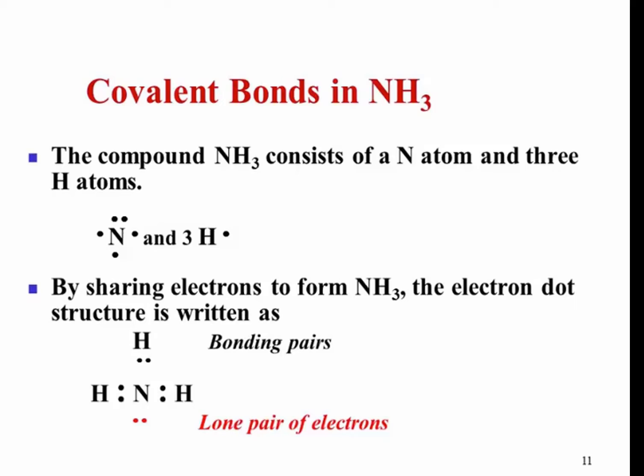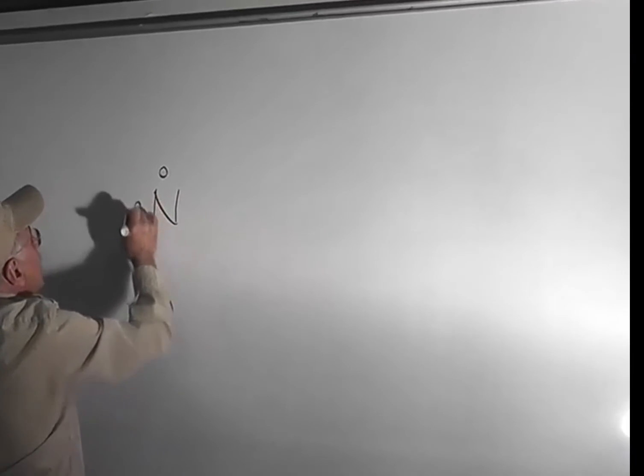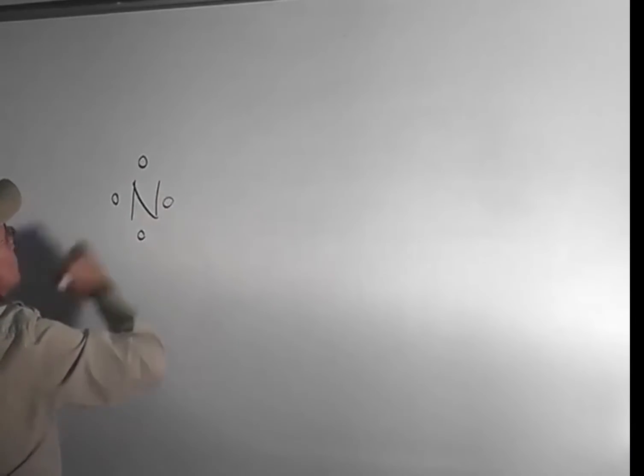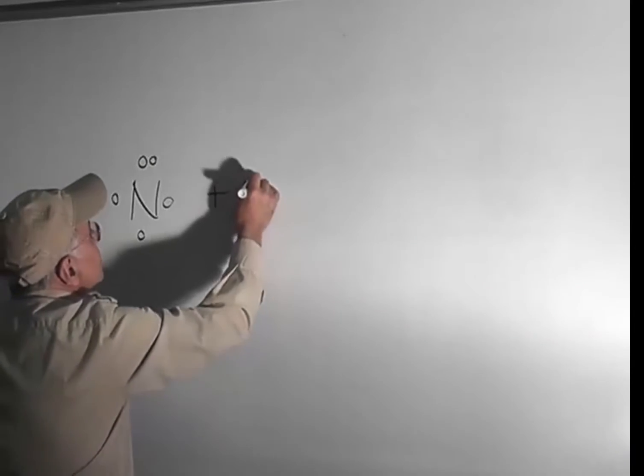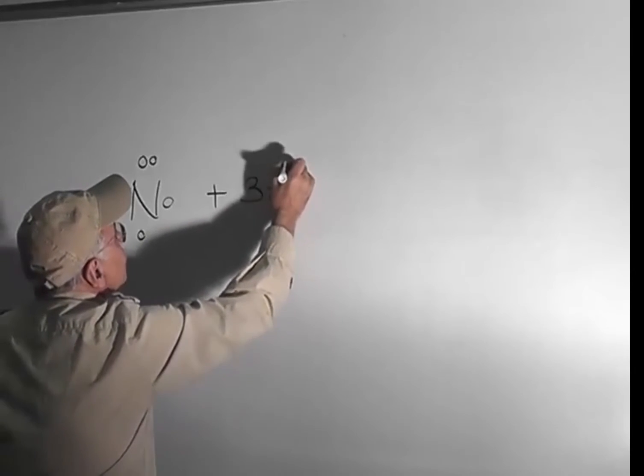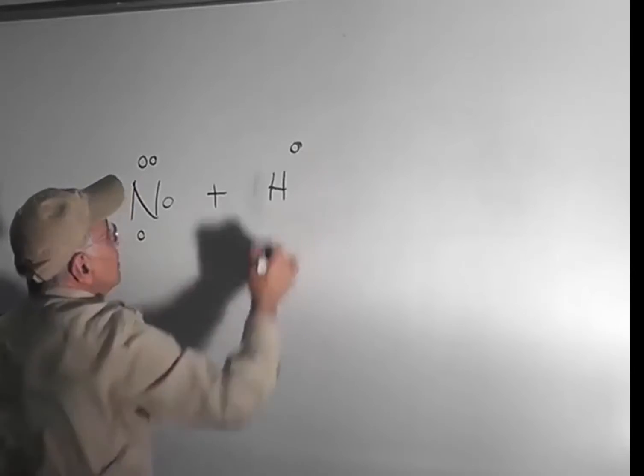What formula do you expect from the reaction of atomic nitrogen and atomic hydrogen? Well, what is the group number of nitrogen? If you write the electron dot notation, is this what you get? Yes? Do you see there are single electrons, and hydrogen has 1 electron, yes?